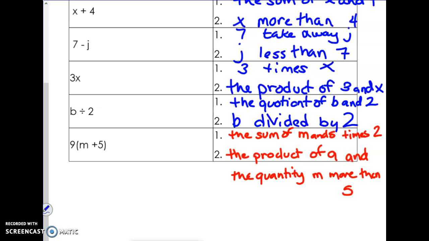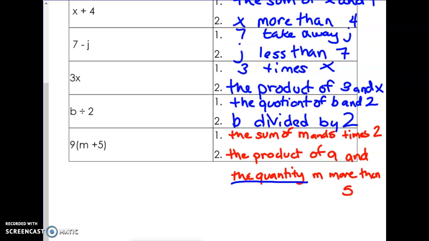Notice that I use the quantity. The quantity tells me in parentheses. Because of order of operations, if I don't write that down, it'll do 9 times m and then plus 5. But if I use the word the quantity, it puts that m plus 5 in parentheses.